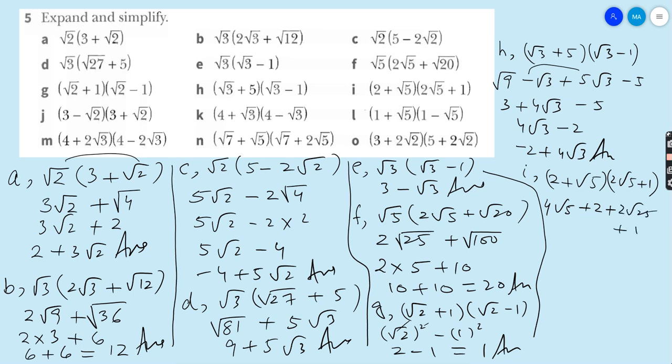And root 5 into 1 is root 5. 4 root 5 plus root 5, 4 plus 1 is 5 root 5. Plus 2 plus 2 root 25. Root 25 is 5, and 2 fives are 10. 10 plus 2 is 12. So the answer is 12 plus 5 root 5. Answer of part I.